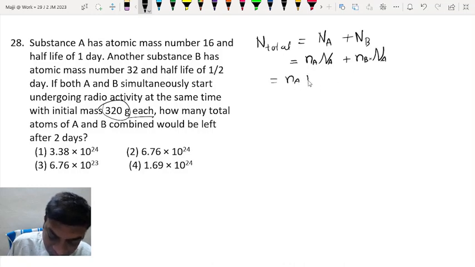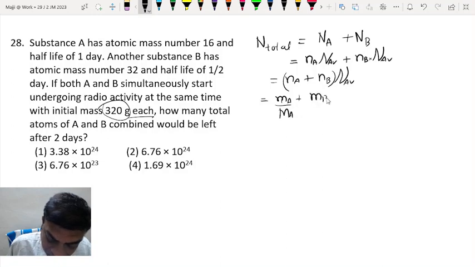So in other words, we require the number of moles so that we can multiply by Avogadro's number. Now number of moles is nothing but mass upon molar mass. Here also same thing. So we just have to find out the mass which is left at the end of 2 days.